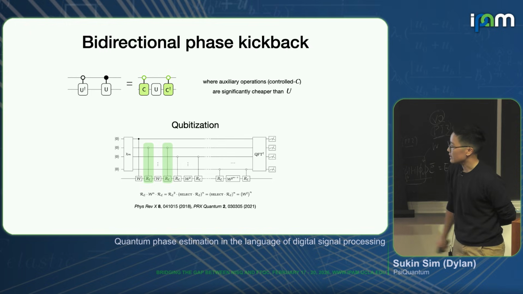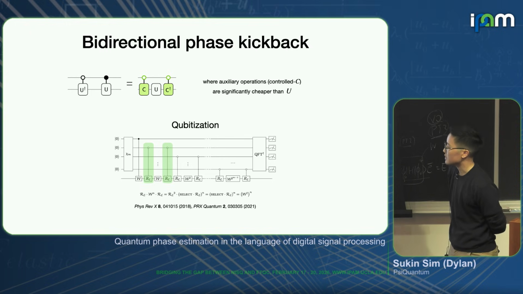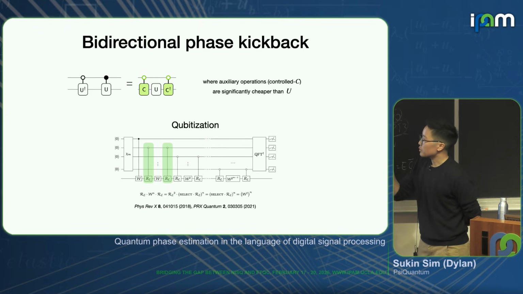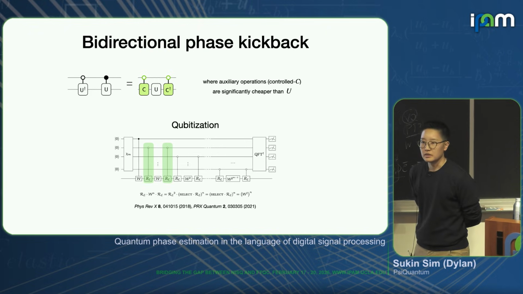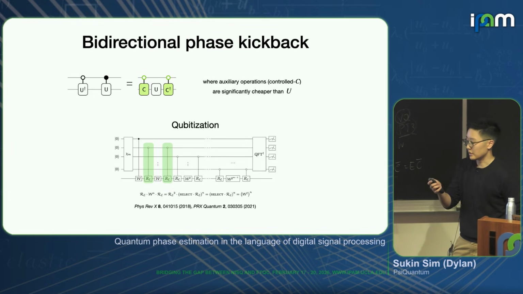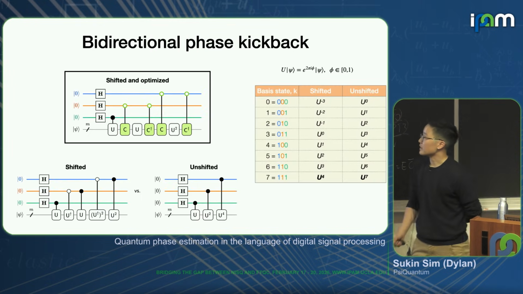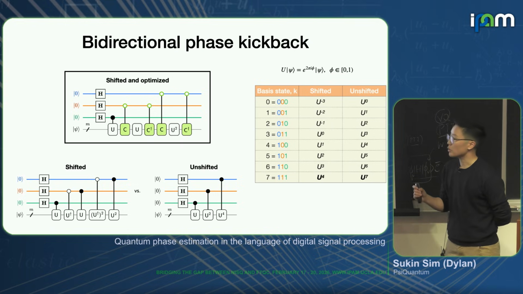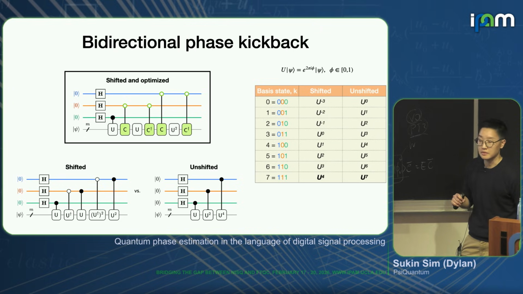And in the case of qubitization, this corresponds to the controlled reflection about the prep state. And so if we now assume that this type of decomposition works for our hypothetical case, then in fact, if we were to shift the signal in time and optimize it, we make 4 queries to U, which is what we expected.